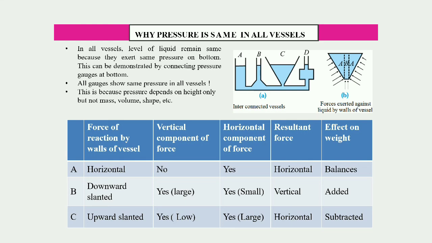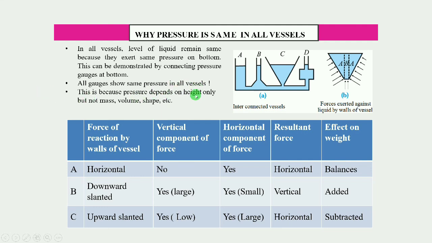In all the vessels the level of liquid remains the same because they exert the same pressure on the bottom. This is demonstrated by connecting a pressure gauge at the bottom. You measure the pressure at the bottom using a pressure gauge. All pressure gauges show the same pressure in all vessels.